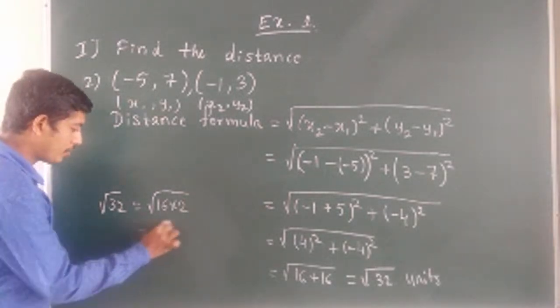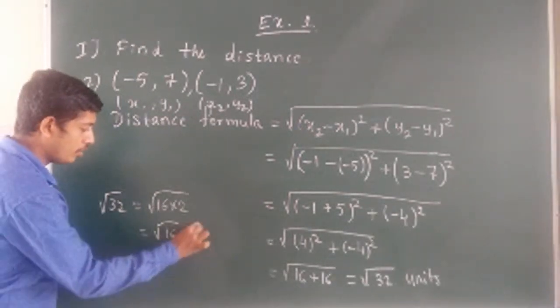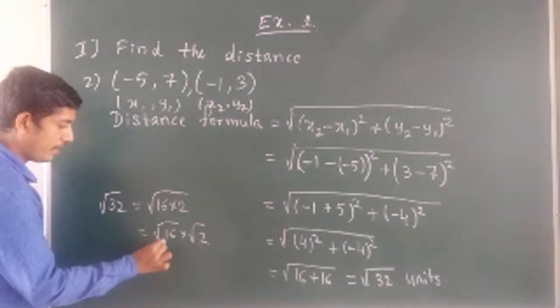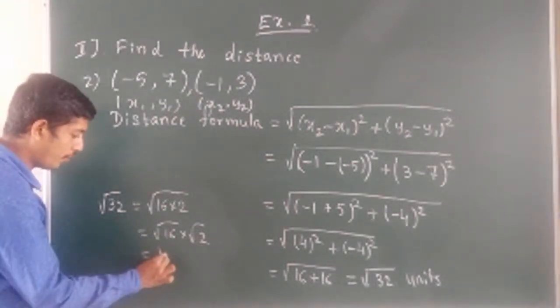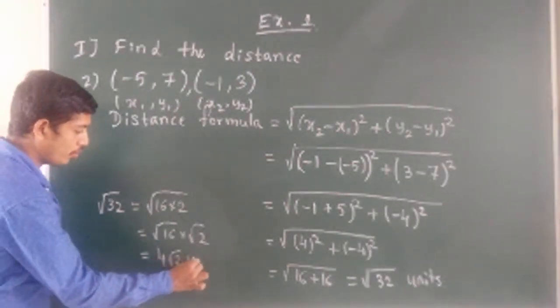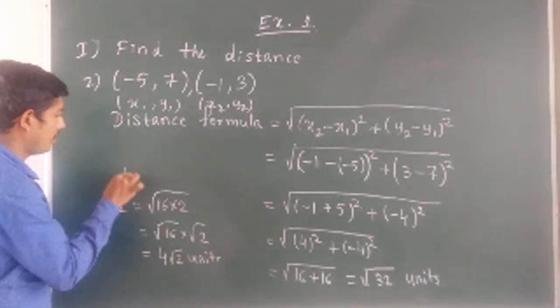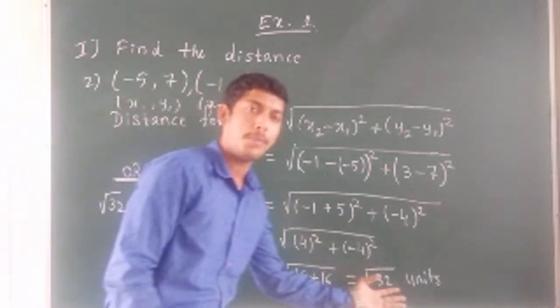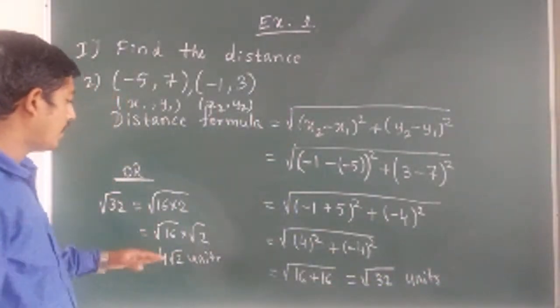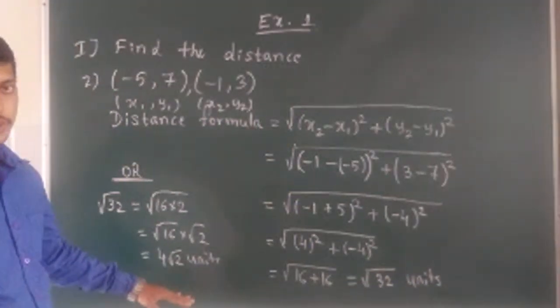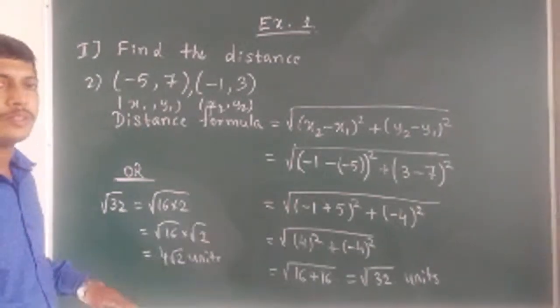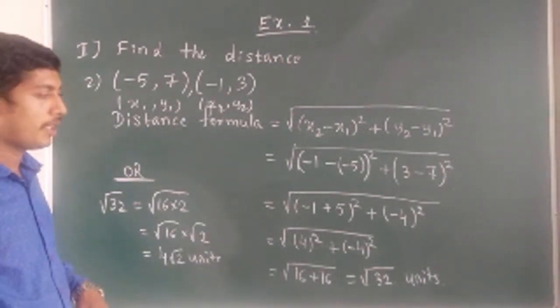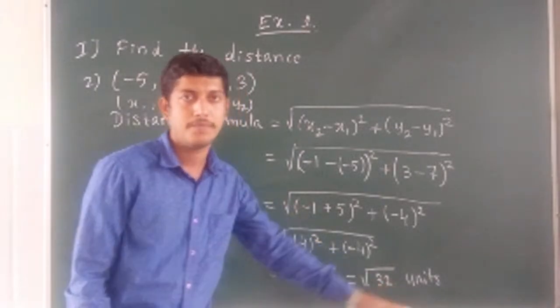And it becomes square root of 16 into square root of 2. And square root of 16 means it is 4 into root 2 units. So you can write square root of 32 units or you can write 4 root 2 units. In some problems we have to go for the further steps, otherwise we can end with this. Let me just look at the steps.